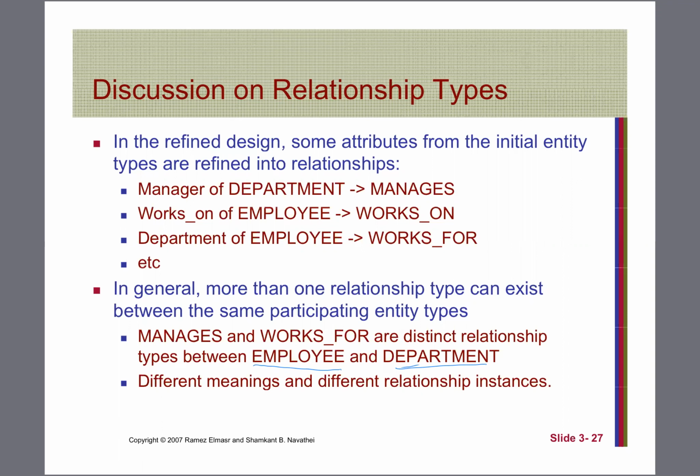There is a manages relationship between the same two entities, employee and department, and there's another relationship indicated as works for. So an employee works for the department. You can have distinct relationships, and for each relationship there will be distinct instances, as in values. Okay, so this is quite possible. So this has to be remembered.